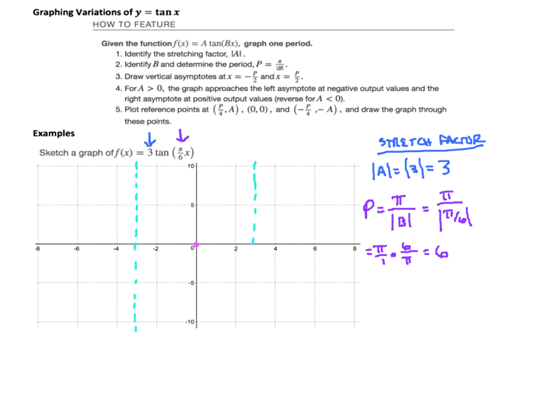So all I did was half 6 and moved that distance in each direction. Okay, so I've got my period boundaries here.